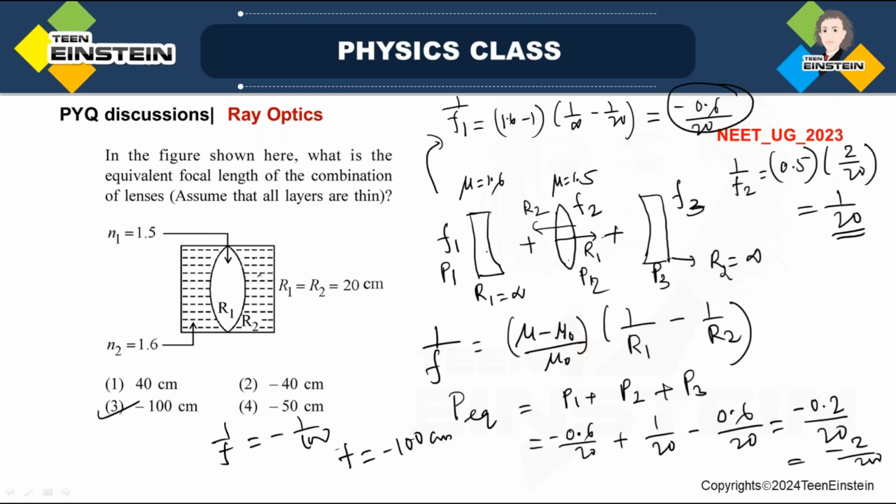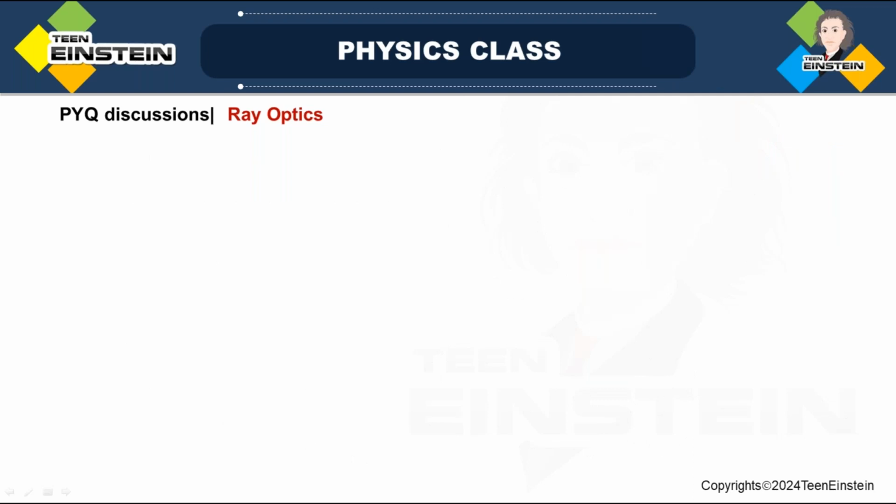But this is the concept. You have to consider 3 different lenses, and the concave lens will have R1 infinity, and in the second concave lens you have R2 infinity. That is the point I wanted to say. All right, so let us go to the next problem.